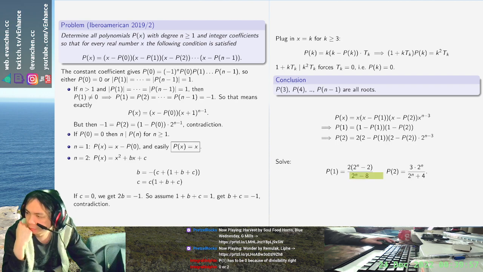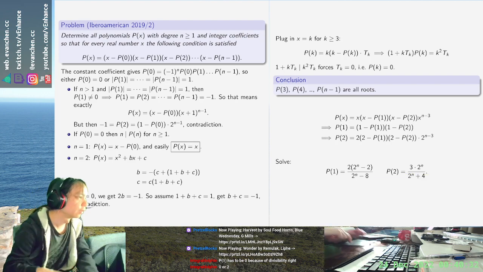So if 2 to the n minus 8 divides this, then take mod this, so 12. 2 to the n minus 8 should divide 24, and that just never happens. Actually, hang on, maybe for n equals 4 it works. Is there a solution with n equals 4? God damn it. No, because this thing is a non-integer. So 2 to the n plus 4 has to divide minus 12. So it's like 1, 2, 4, 6. Oh, but n is at least 3, so this is nothing. Okay, we're fine.